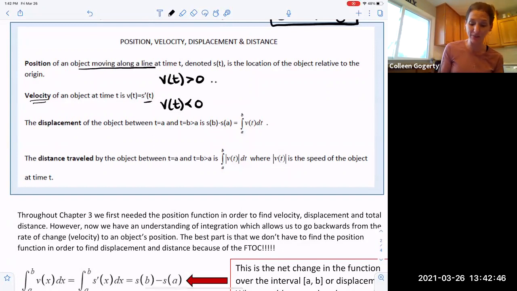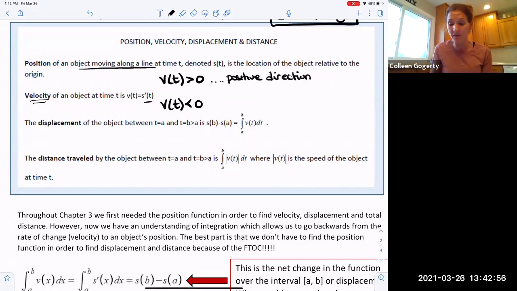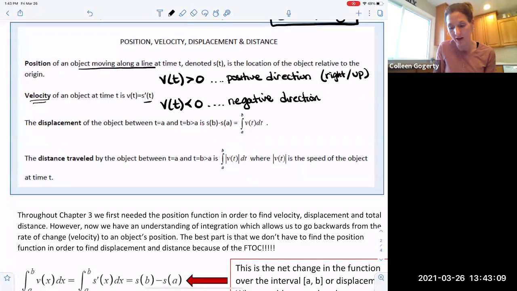If the velocity is positive, the object is moving in a positive direction, and on a line, positive directions are right or up. If the velocity is negative, we have a negative direction, so the object is moving either left or down. This is just a blast from the past.